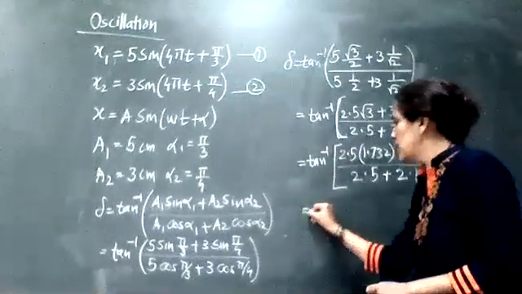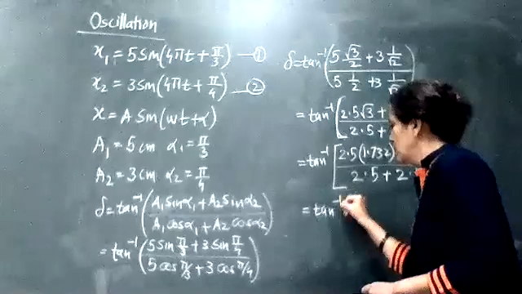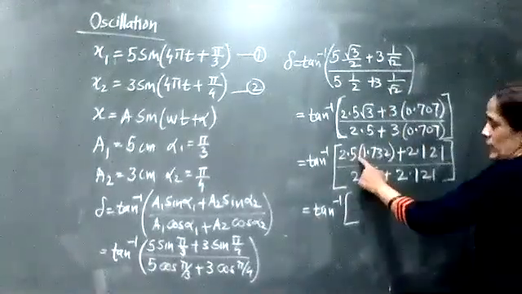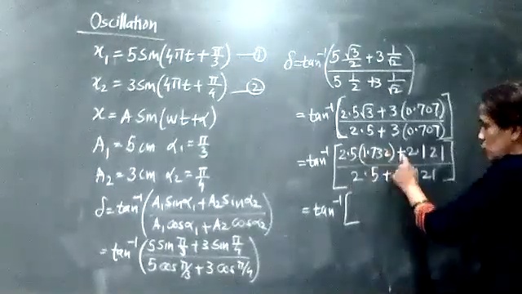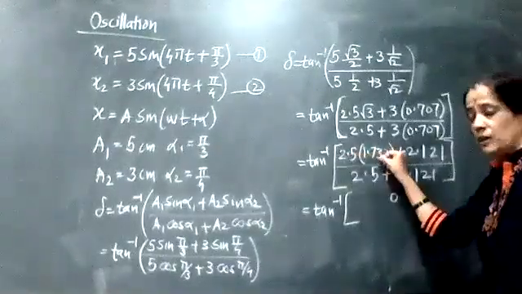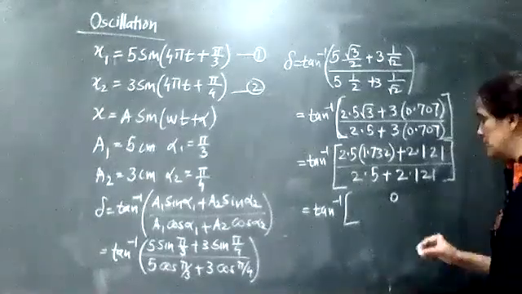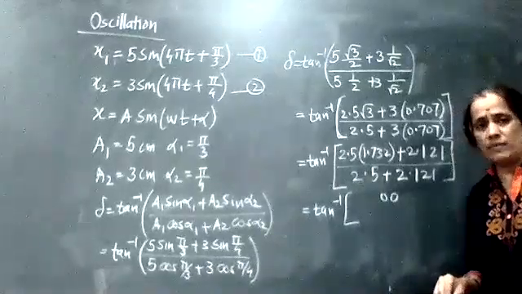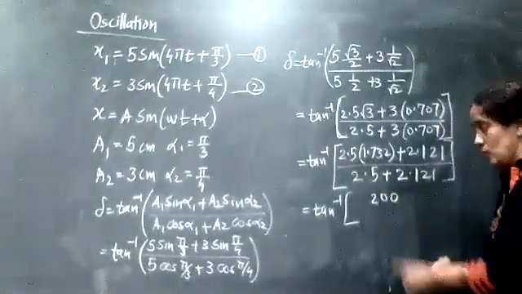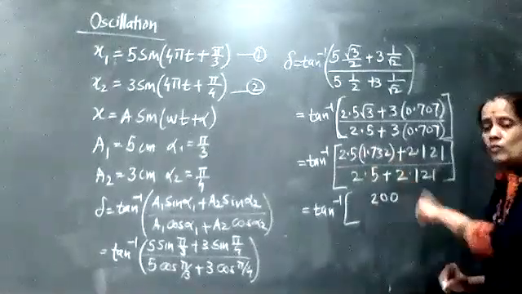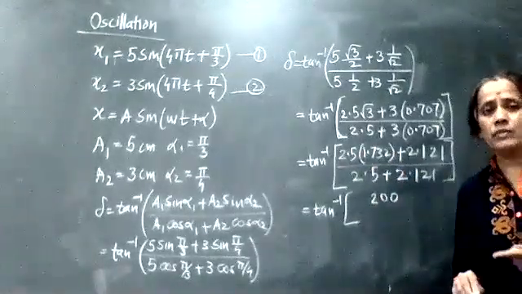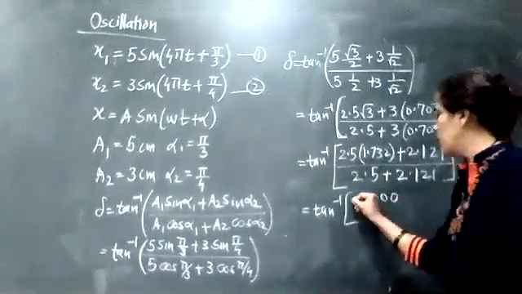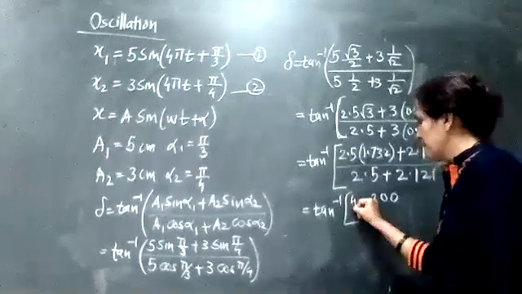And now I can multiply here by this side. So this 2.5 into 2 means 25. 25 into 2, 50. 5 carry. 25 3s are 75. 75 plus 5, 80. 8 carry. 25 7s are 175 plus 8, 183. So 3 I write. 18 carry. 25 1s are 25 plus 18, that is 43.